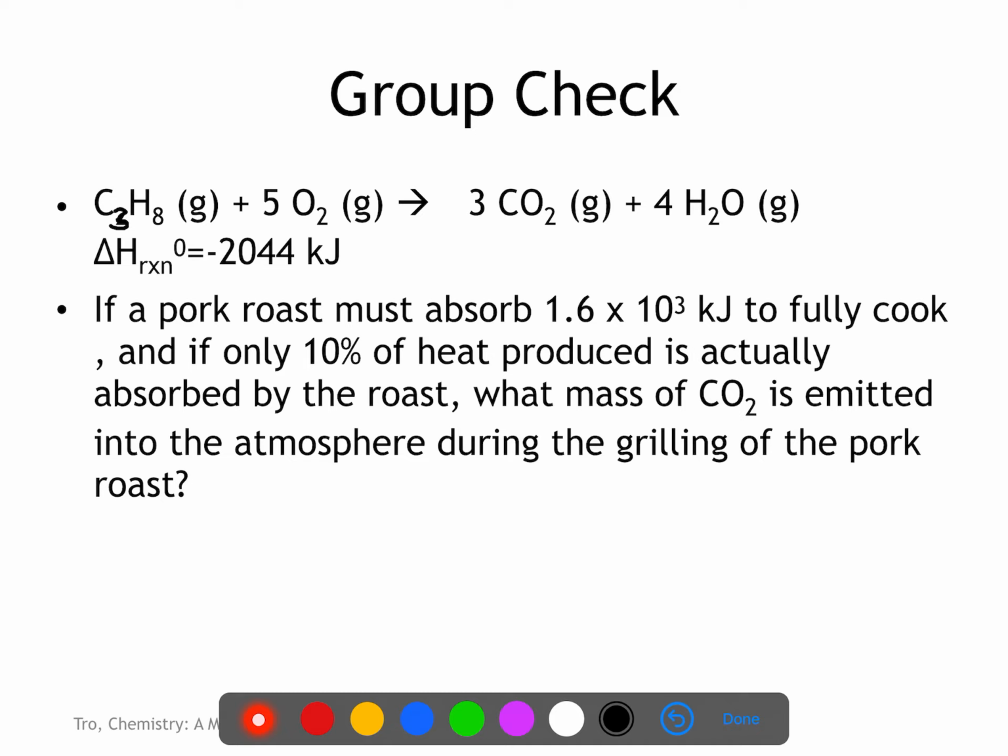So basically, when you're burning that pork roast, you're using propane gas, right? So on your stove or whatever you're using, that's all propane gas, like on a barbecue. So this is the initial amounts that you have.